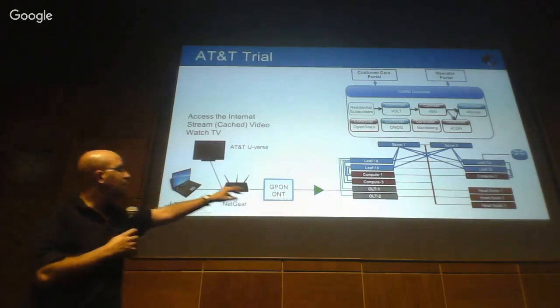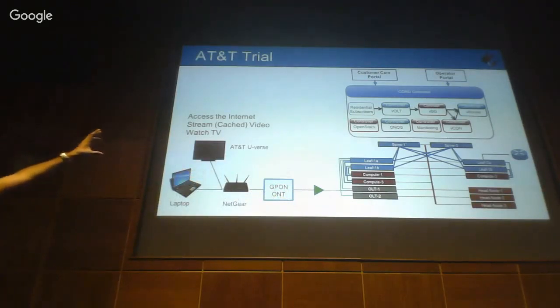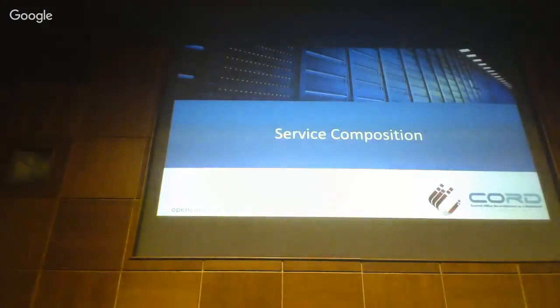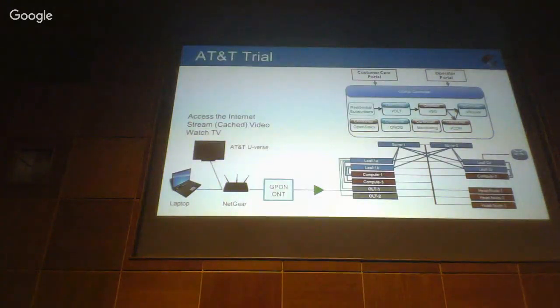We have compute nodes and head nodes, and all this software controlled by XOS is deployed on these compute nodes. So traffic coming from a subscriber hits the VSG, and then from there can egress through a vRouter or get counted by a virtual CDN. And that's essentially the demo that we ran at ONS last year. That was also the AT&T trial that's ongoing.